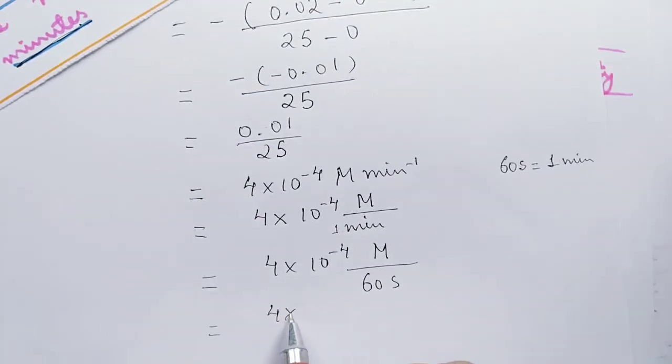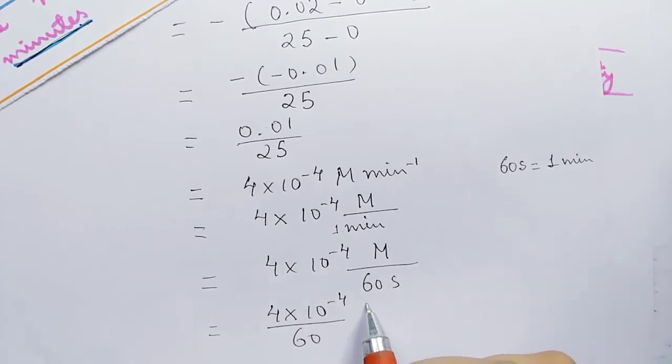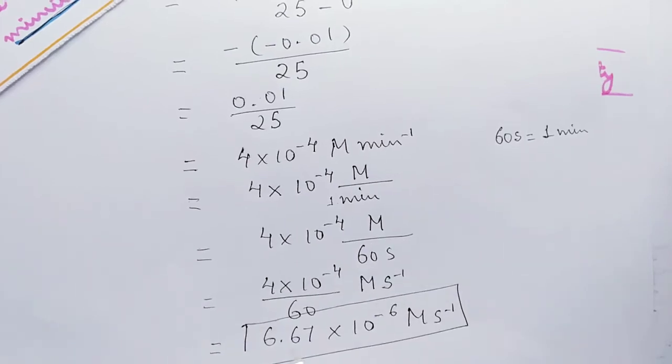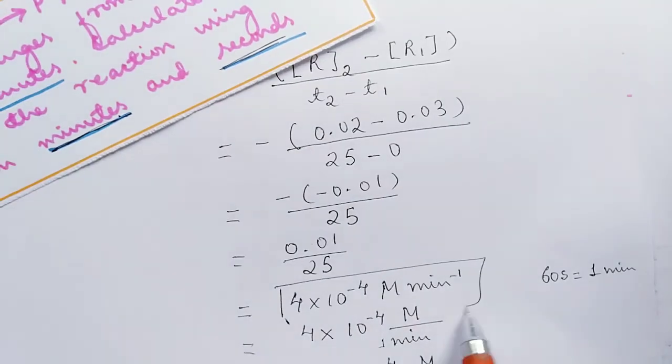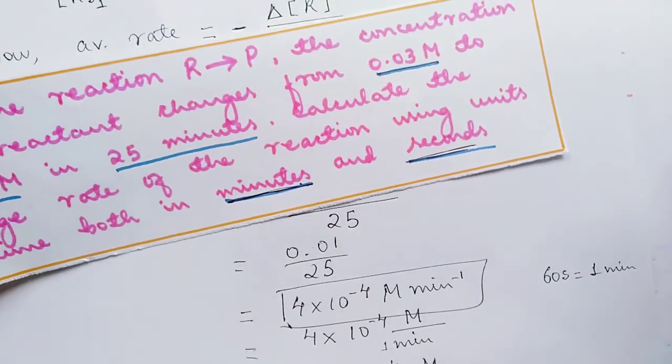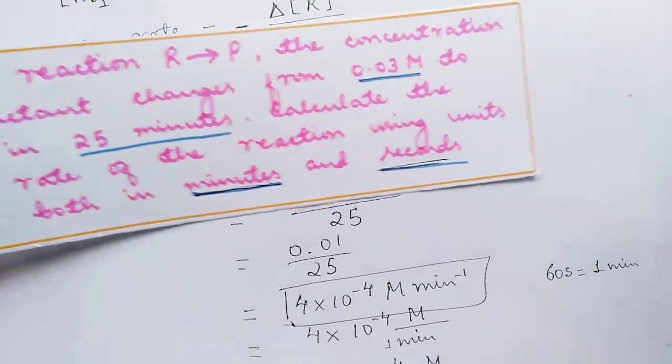Then 4 into 10 to the power minus 4 by 60, and then molar second inverse. Okay, so we get the final answer to be 6.67 into 10 to the power minus 6 molar second inverse. Hence we have found the rate of the reaction using units of time both in minutes and seconds.